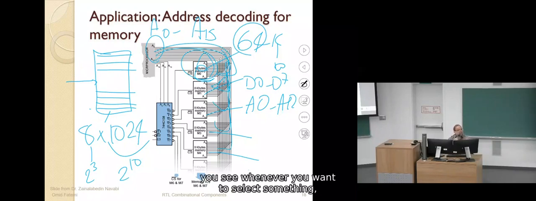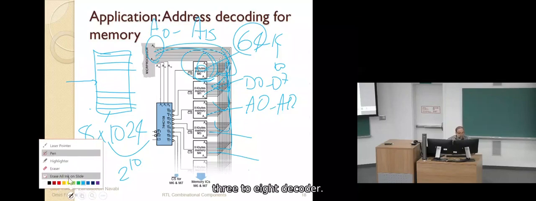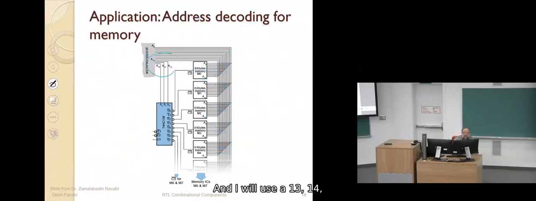Whenever you want to select one out of 8 components with 3 inputs, we use a decoder. So I am going to use a 3 to 8 decoder, with A13, A14, A15 as the inputs, and each output of the decoder goes to the enable of one of these memories.